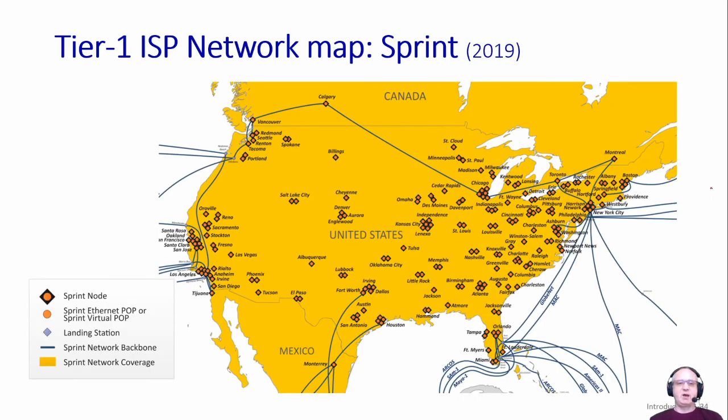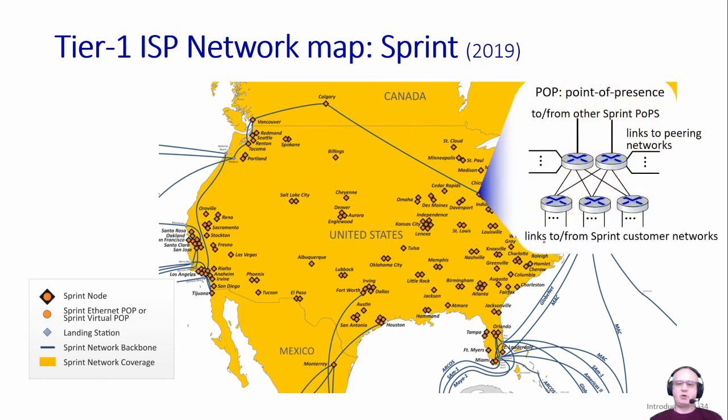An example of tier one: if you were to run an ISP and you wanted to buy access to the internet, you may approach Sprint as one tier one ISP, and they may show you this map that shows the network that they have, right? And it also shows where they have POPs, or points of presence.